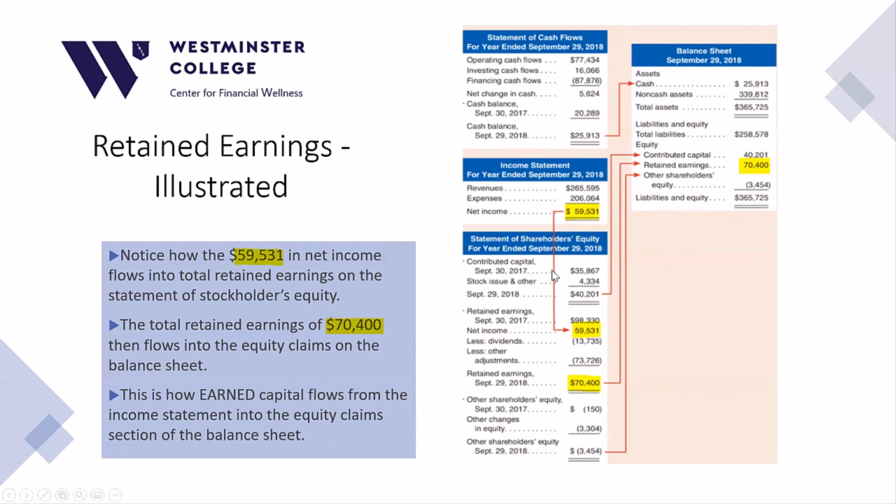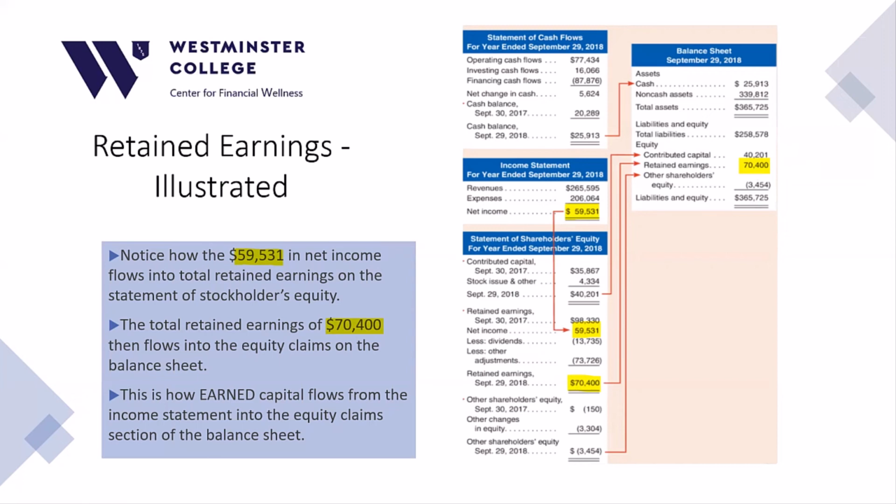Okay, so net income goes into our statement of stockholders' equity. We get an ending balance in retained earnings in this financial statement, and it rolls into the balance sheet. The ending retained earnings is what goes into our balance sheet. So there's our 70,400. So that's how the magic happens.